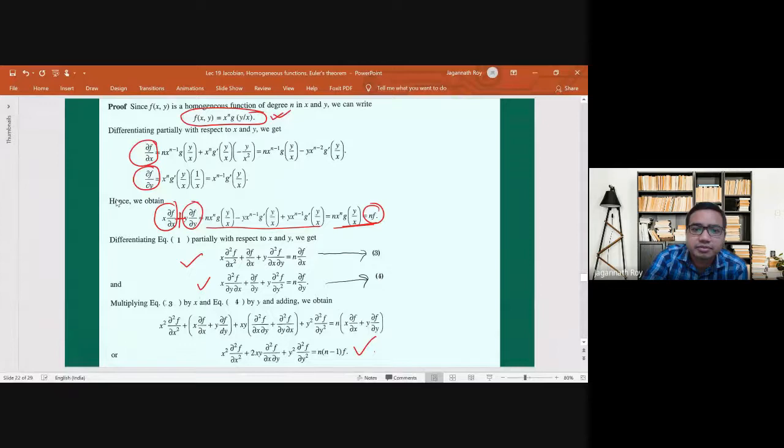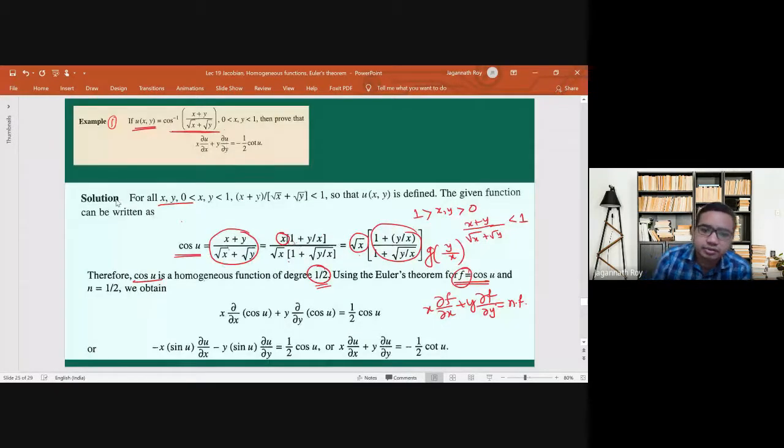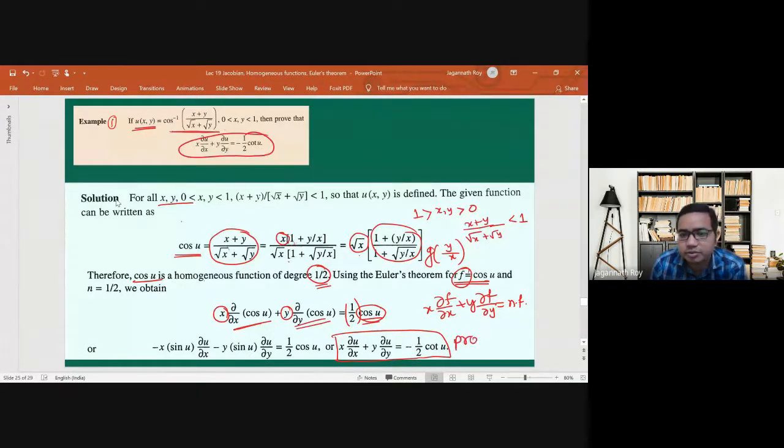Here n is half, so n times f is cos of u. Then x times this one and y times this one. Let us simplify. So this one will become our result. This is what we need to show. Hence, it is proved.